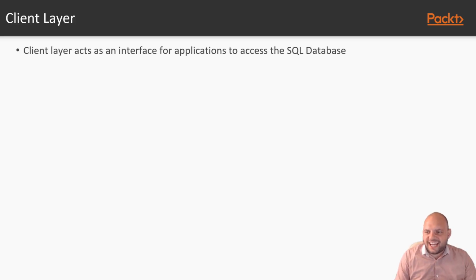Now, the client layer acts as an interface for applications to access the SQL database. The client layer can be on premises, it can be in Azure itself. The tabular data stream, or TDS, is used to transfer data between the SQL database and the application, and SQL Server uses TDS to communicate with applications.